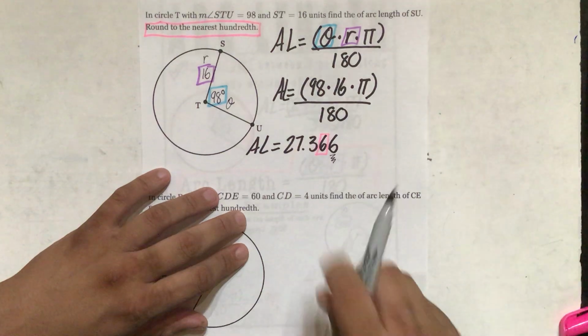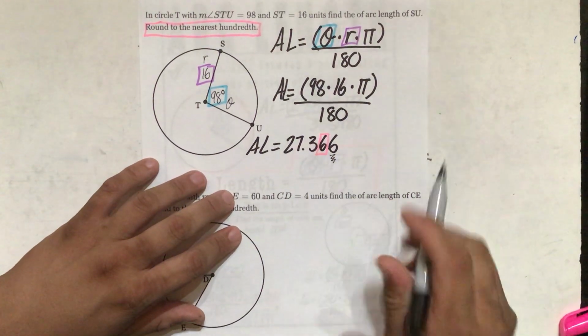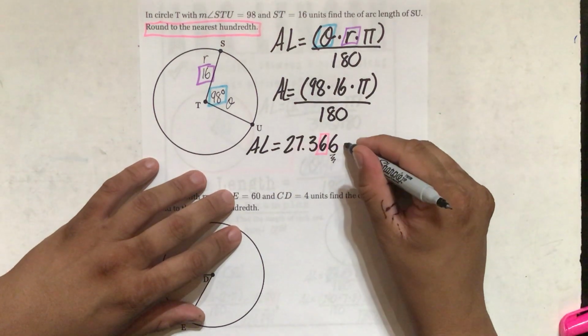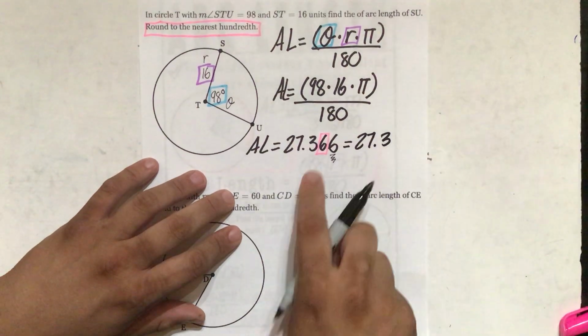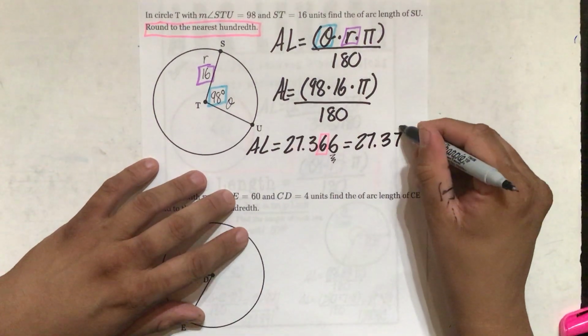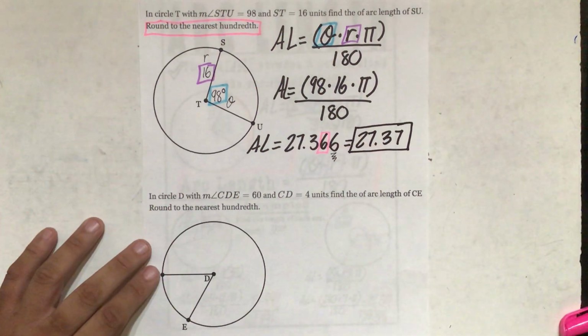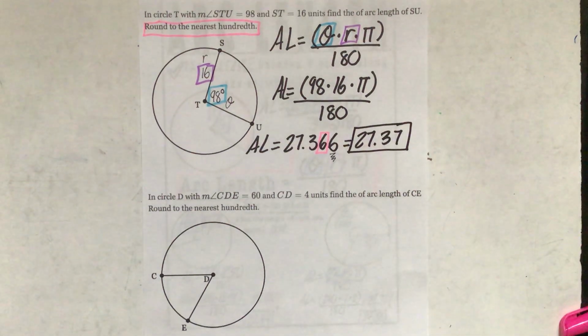Since this 6 is 5 or bigger, it's going to tell the 6 to go up. So this is going to become 27.37. Look at that. That's your solution.